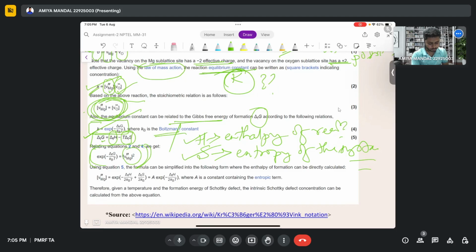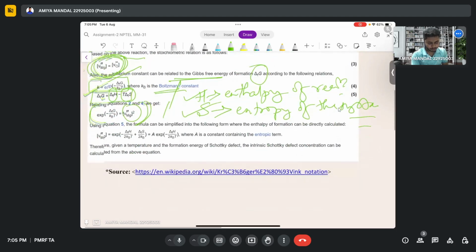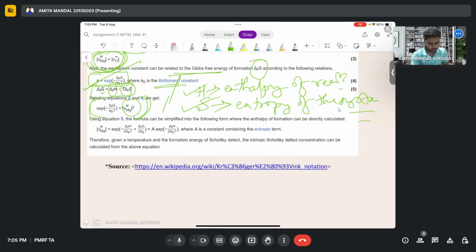From this, you can say it is equal to 1 by root 2, meaning the 2 will be there. And delta G is replaced by delta H and T delta S. This gives A into the exponential of this, A containing the entropy term, because this is constant here.